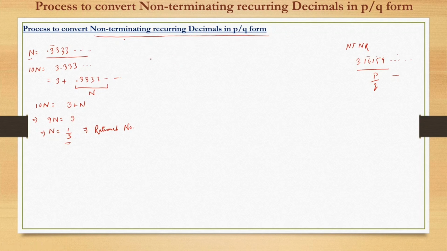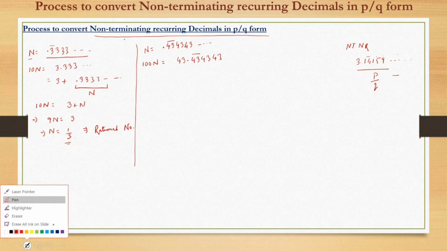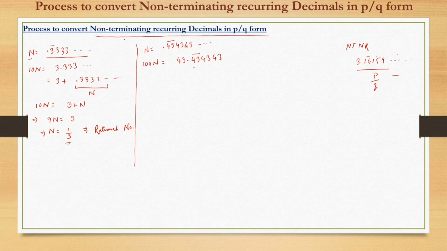Fine. Let us take another example. If n is equal to 4343 and so on. Here two digits are repeating, 43 is repeating, so we multiply with 100 on both sides of the equation, so it becomes 100n is equal to 43.434343. This part, 0.4343, is nothing but n.